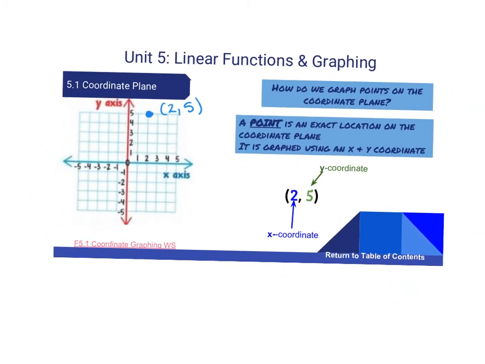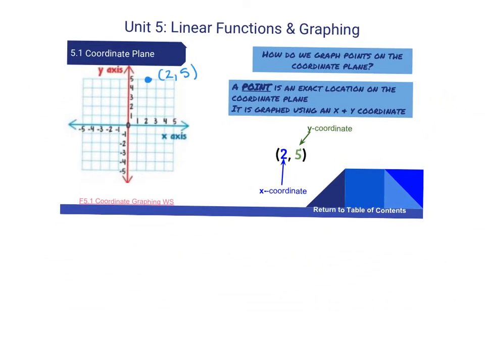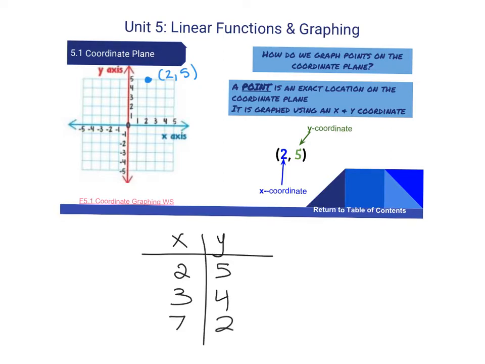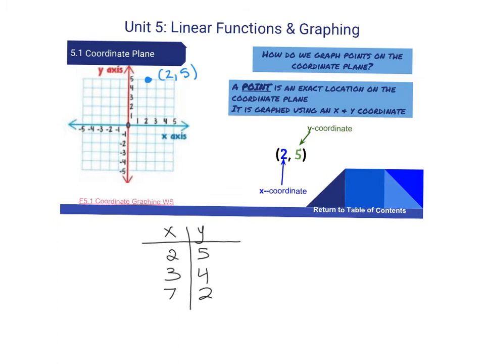As we move on through this unit, you are going to see ordered pairs. And remember, ordered pairs means pairs that are organized. They're in order, x, y. You're going to see ordered pairs written in other methods, such as in a table of values. When x is 2, y is 5. If it's 3, it's 4. If it's 7, it's 2. That here that you see is a table of values.